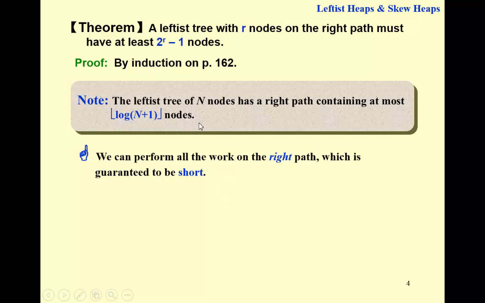So hopefully, while we're merging two heaps, if all the work can be done along the right paths, the time complexity is better than big O of n. It's going to be big O of log n.